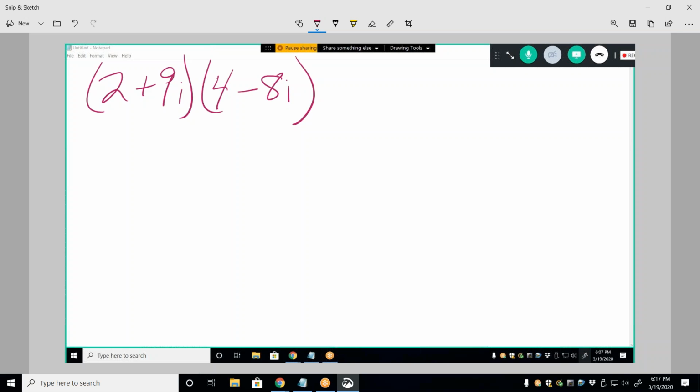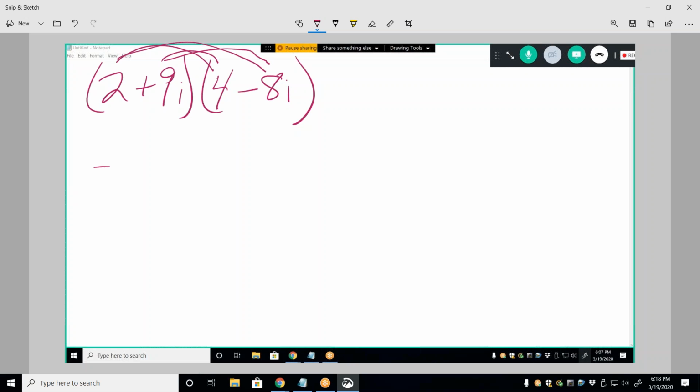You know what FOIL stands for? First, outer, inner, last. We're going to do this the same way we would do it if that was an x. We're going to multiply the first, then the outside, then the inside, and then the last.